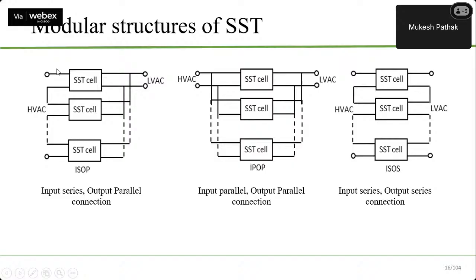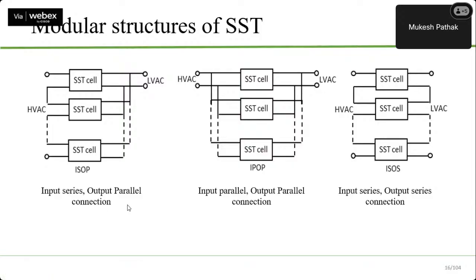So you can see here in the first case, the SST cells on the input side are connected in series. So you can make up the 11 kV by connecting 10 cells in series or 11 cells in series, so that the voltage stress upon each cell is around 1 kV. And then connect these cells on the output side in parallel so that they can deliver large current. So this is input series and output parallel connection.